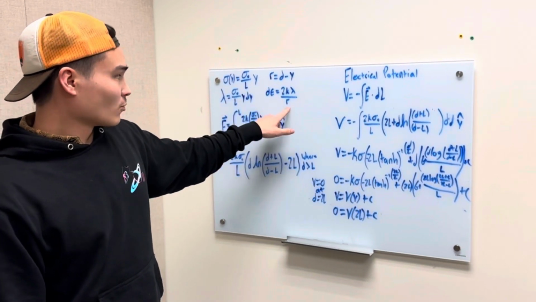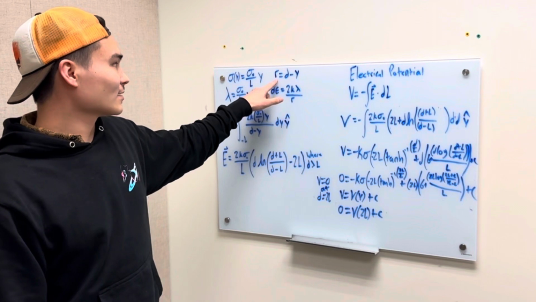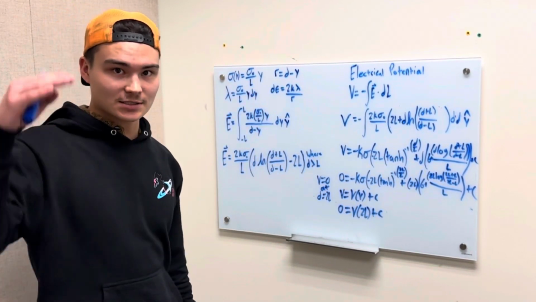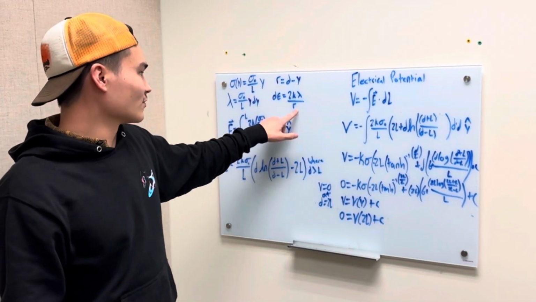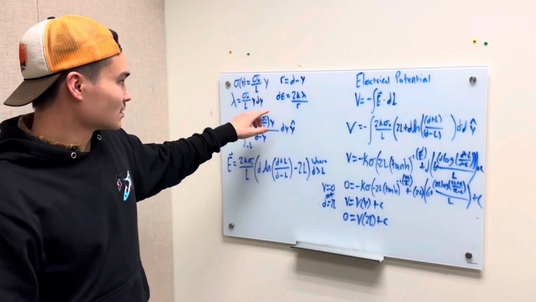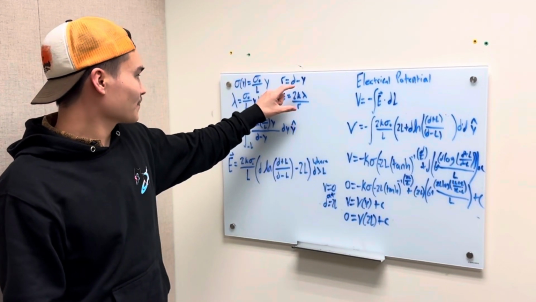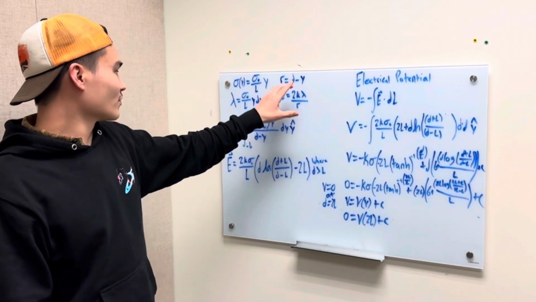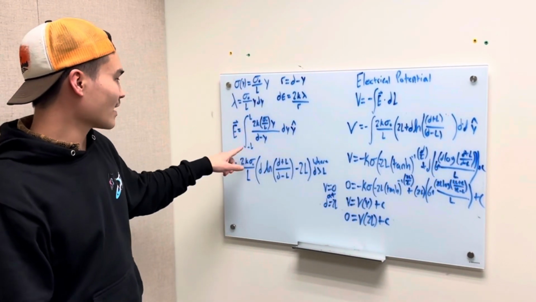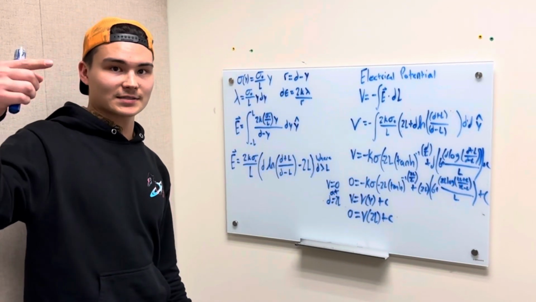But we notice this r at the bottom, and we know that we need to take the total distance above the strip minus the y. So we plug r in for this, right? And after we plug in lambda, our charge density, we integrate both sides, and our bounds, negative L to L, are the entire strip.